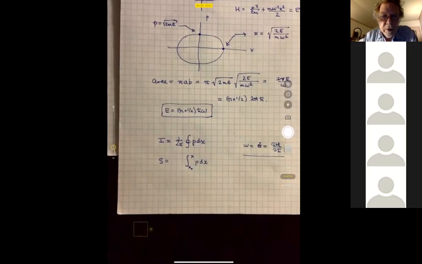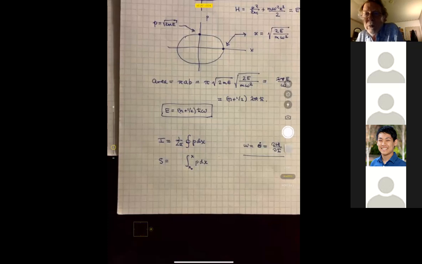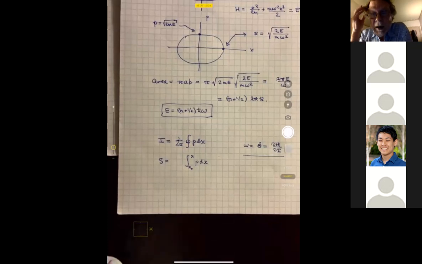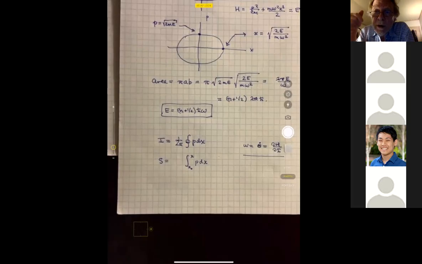Is this action the same as the integral of L dt from classical mechanics? Yes, well, this is a little bit tricky. We're doing time independent problems here because we're looking at the eigenvalue problem, finding the eigenfunctions of the Schrodinger equation.